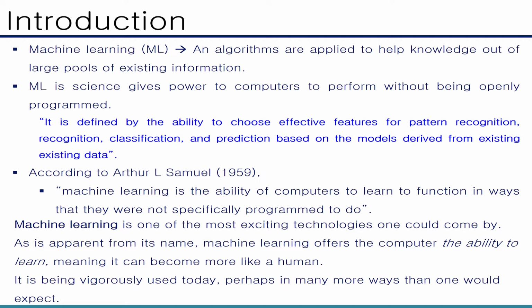There is one of the scientists, Arthur L. Samuel, in 1959. He already explained machine learning. He gave the definition: machine learning is the ability of computers to learn to function in ways that they were not specifically programmed to do.